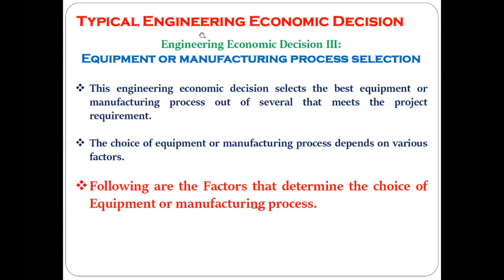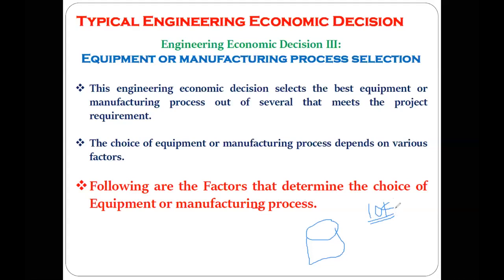Now, if I ask you, you are owning a company, you have your own company producing paper glasses, and you want at the end of the month 10,000 paper glasses to be produced.